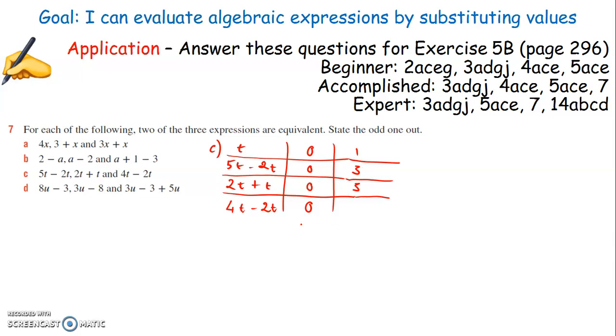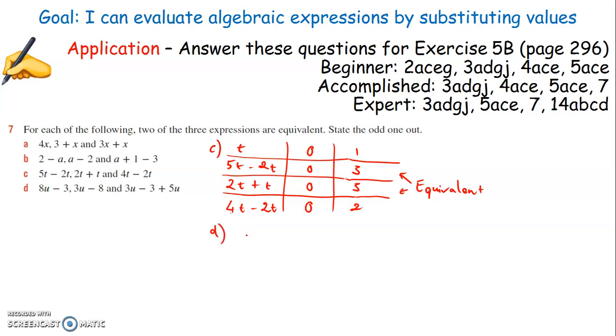Okay, maybe the first two. 4 times 1 is 4 minus 2 times 1. That's 2. 4 minus 2 is 2. So here, the first and the second one are equivalent. So you can see here that sometimes we need to test out multiple values for t before we can say that, hey, these two expressions are equivalent or not.